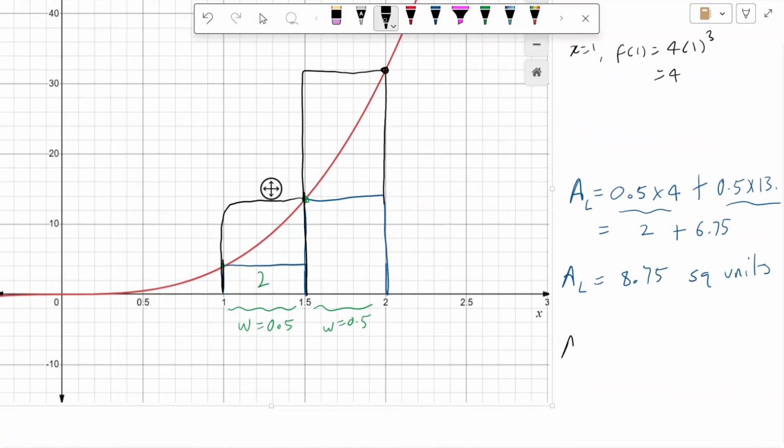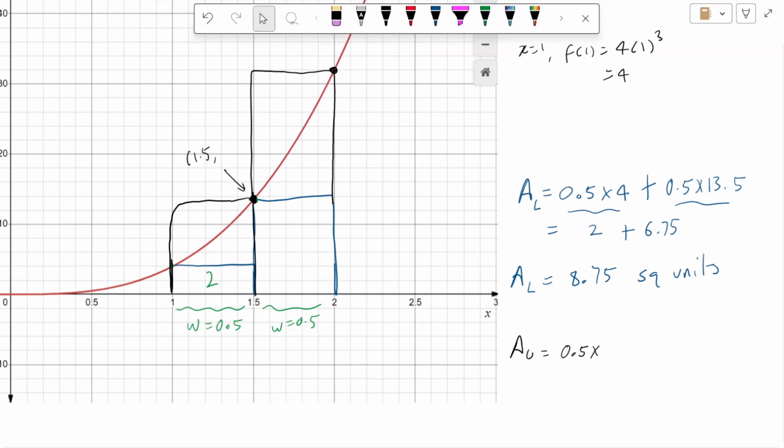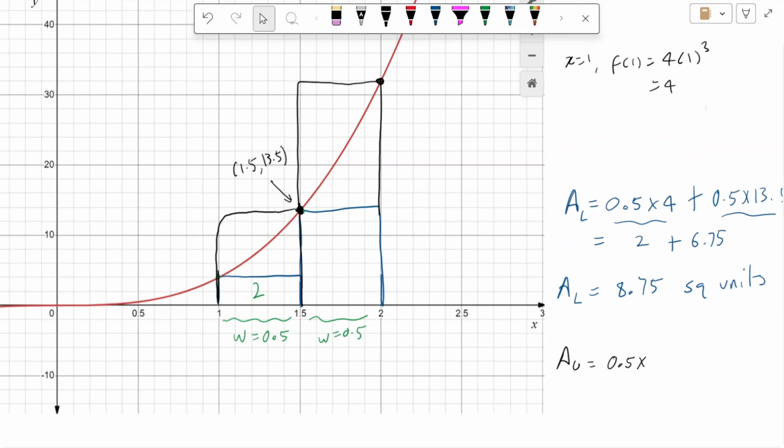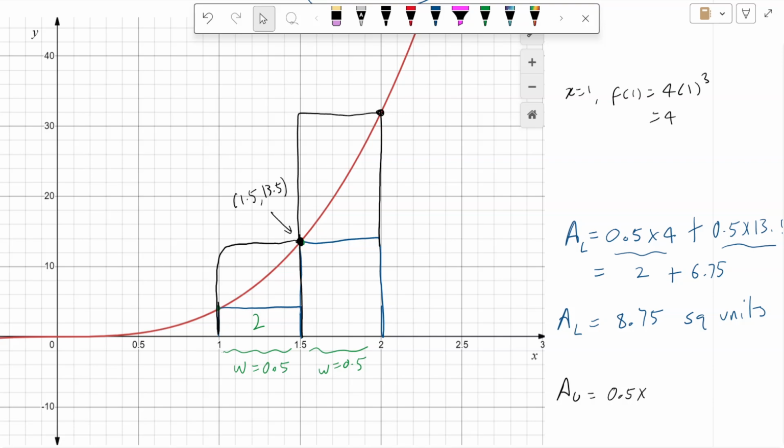So for the area upper, pretty much the first rectangle is going to be 0.5 times, now it's this point here, and we actually worked out what that point was before. It was 1.5, and I think 13.5 was the height. That was the same as the height of this last blue rectangle there. So that's good, 13.5.